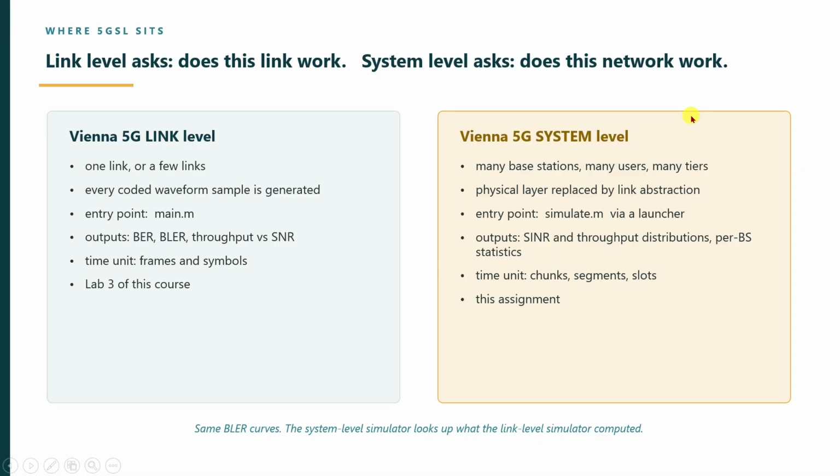It computes the SNR from the network geometry, then looks the throughput up in block error rate curves, and those curves come from the link level simulator, which is why the link level gives you a curve and the system level gives you a distribution.